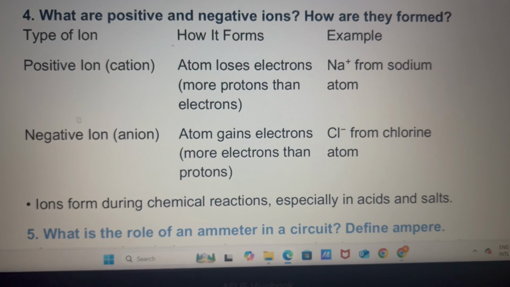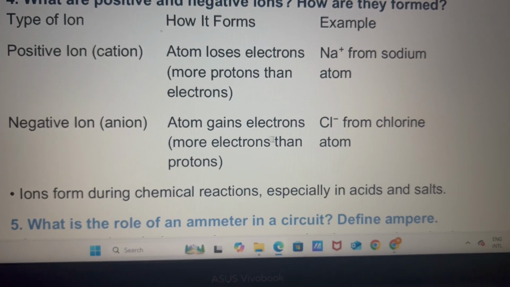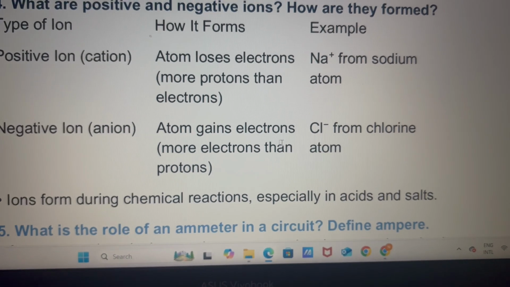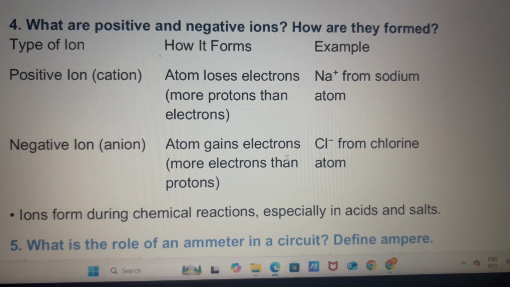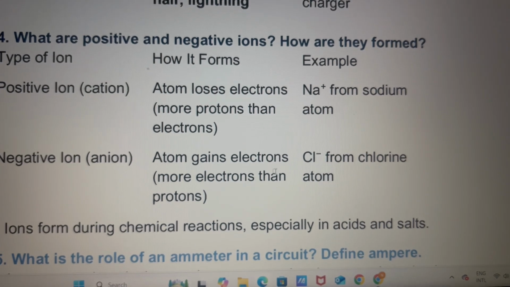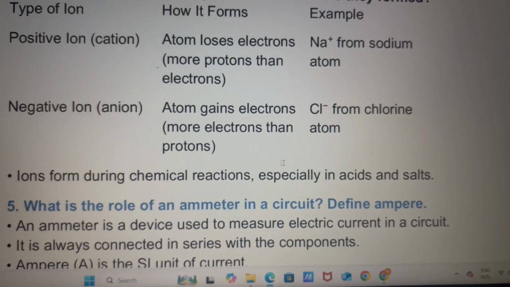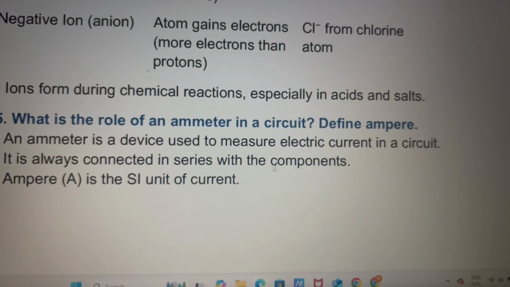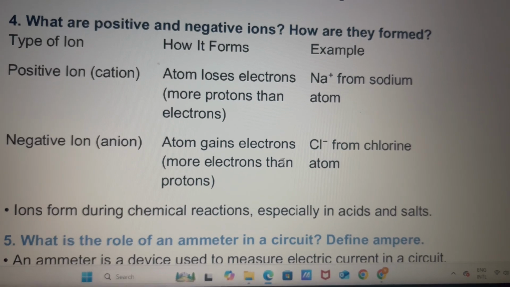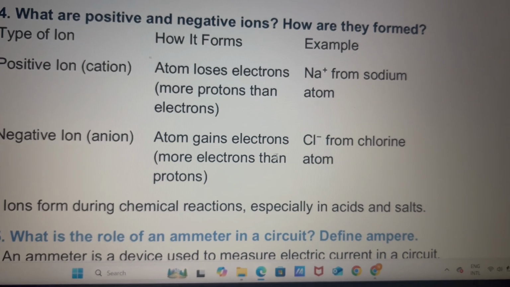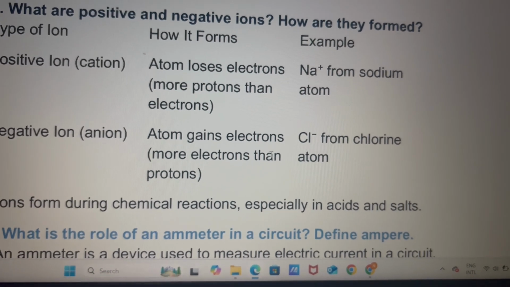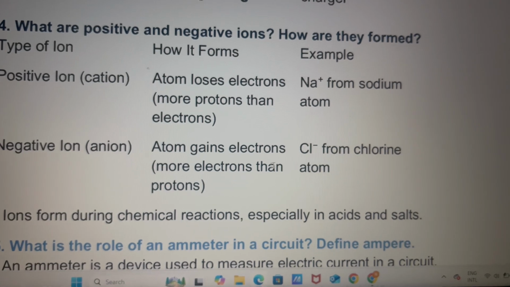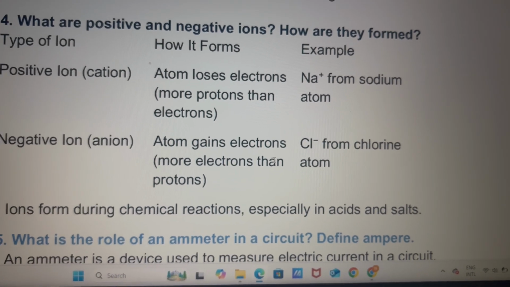For the negative ones, or the anions, they gain electrons, so they have extra negative. They are in the non-metals. Okay, so metals lose electrons, positive. Non-metals gain electrons, negative.